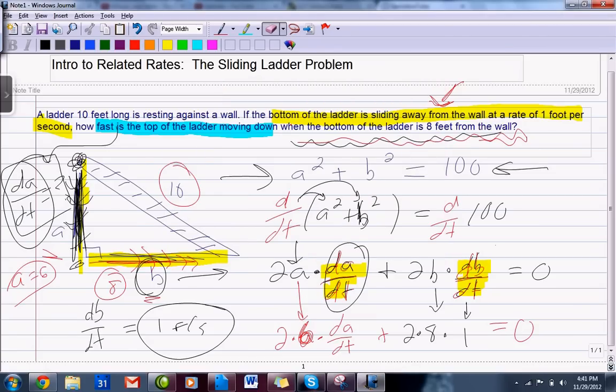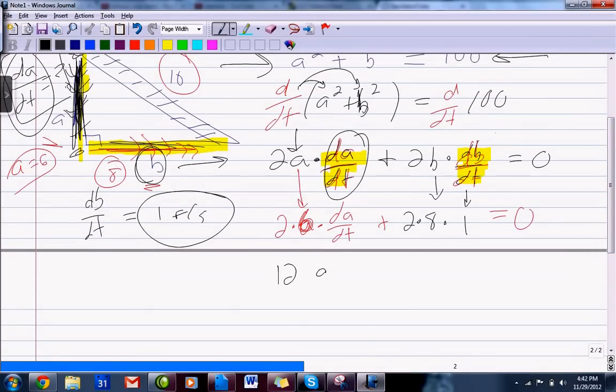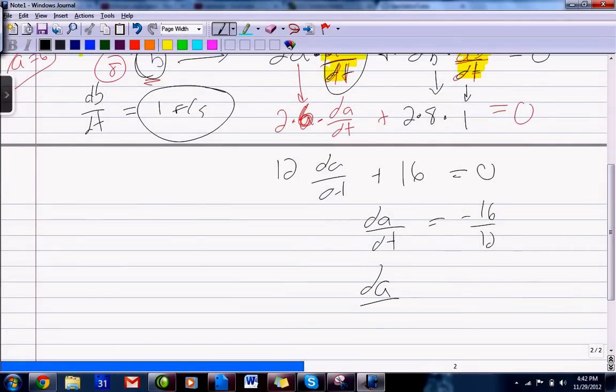Now I'm ready to rumble. I plugged and chugged. Now I just need to solve for dA/dt. So it gives me 2 times 6, of course, is 12. That's 16. Bam. I'm going to subtract 16 and divide by 12. So you get negative 16 over 12, or dA/dt is, when I pull a 4 out, negative 4/3.